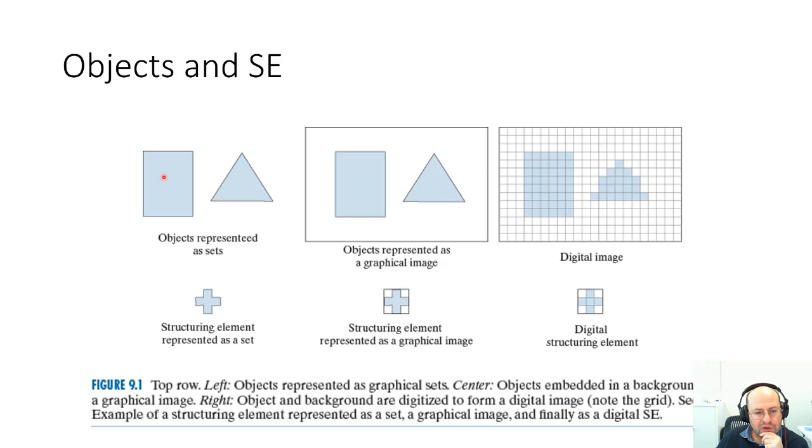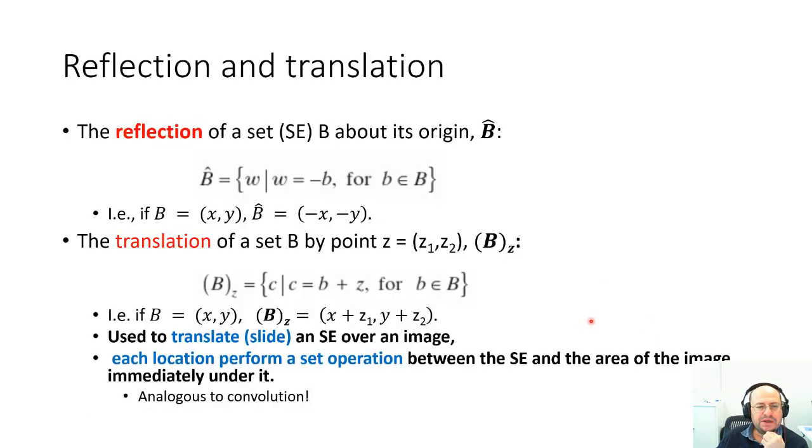All right. So we have objects represented as sets, and the structuring element also represented as a set. Of course, we're dealing with digital images, so these objects are defined in a digital way, and the structuring element is a digital structuring element. One basic idea that we're going to be using throughout is the reflection of a structuring element B about its origin.